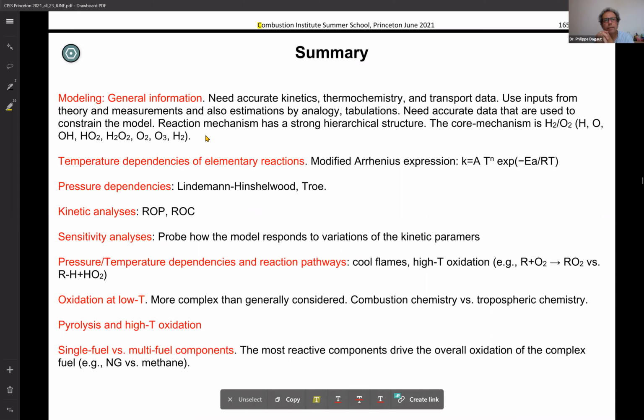Reaction mechanism. A reaction mechanism has a strong hierarchical structure, and the core mechanism is the hydrogen-oxygen submechanism, which involves H atoms, oxygen atoms, OH radicals, HO2, H2O2, molecular oxygen, ozone, and molecular hydrogen.